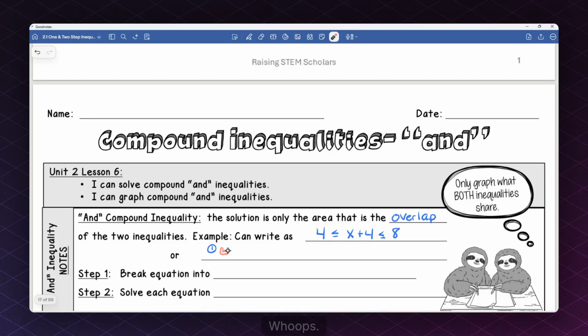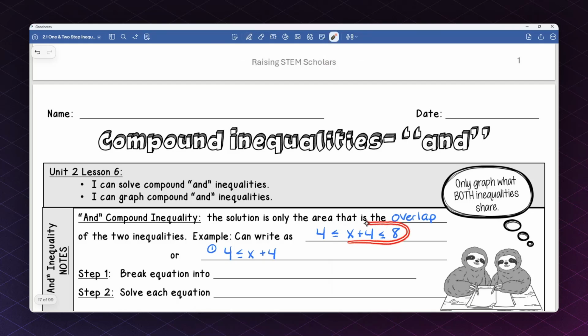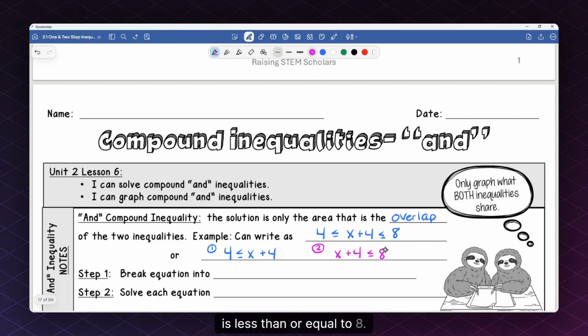So we've got 4 less than or equal to x plus 4. And then we can take the other and split this part off, and so we have x plus 4 is less than or equal to 8.